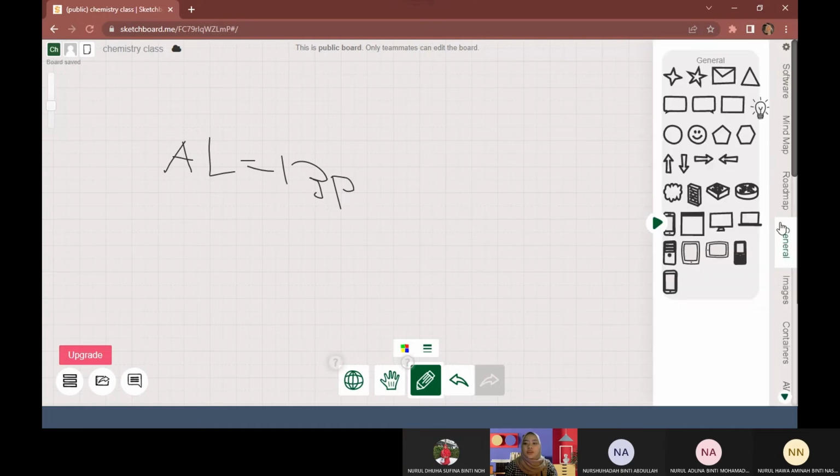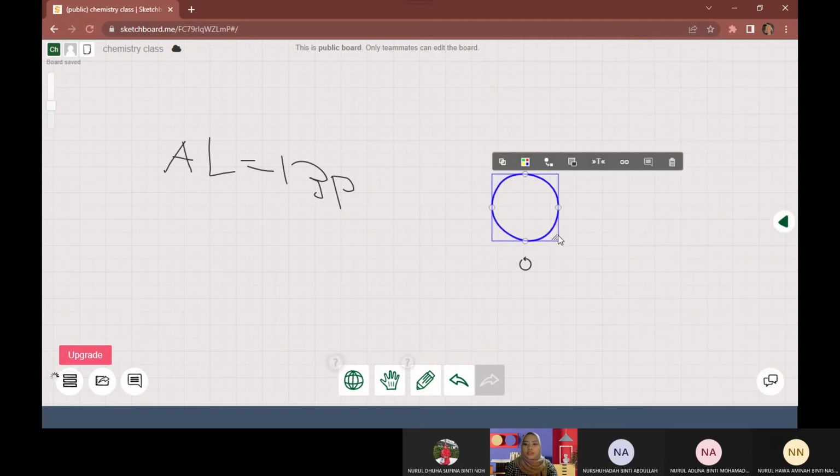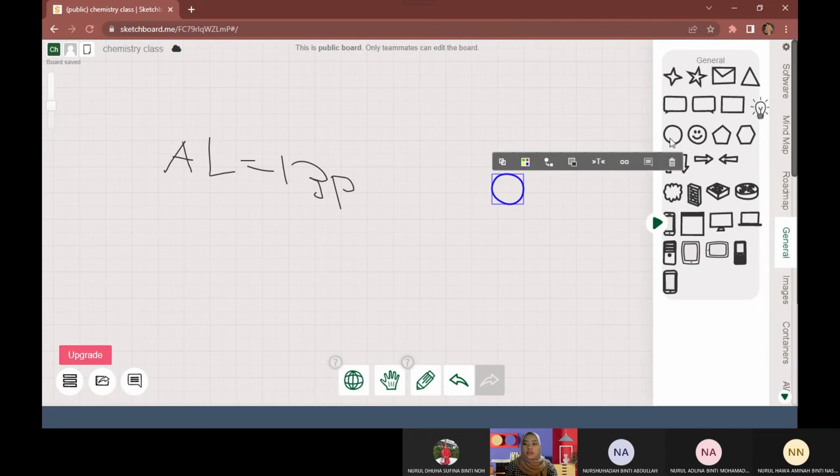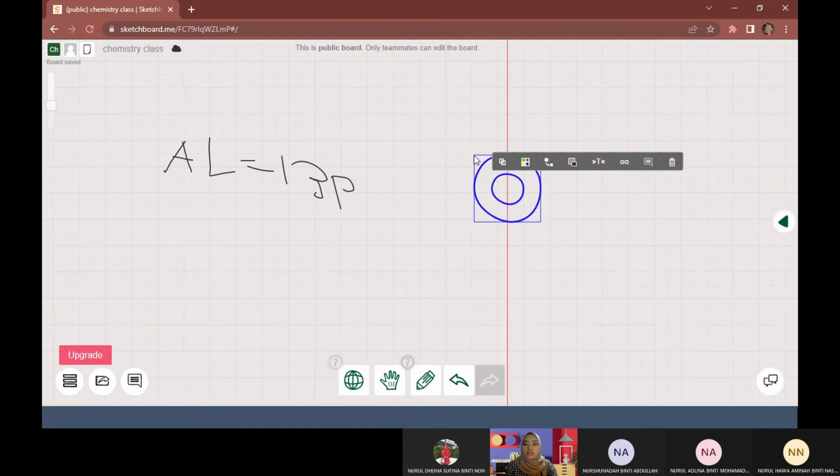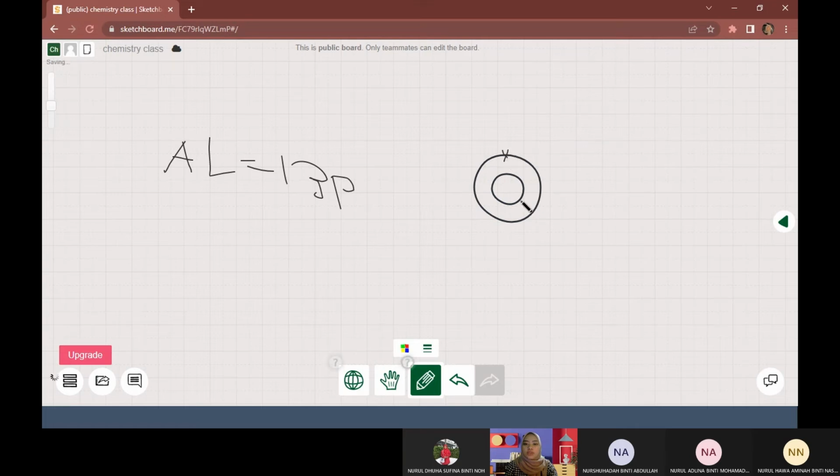So we have to draw the nucleus first, and then the first shell, which is filled with only two electrons.